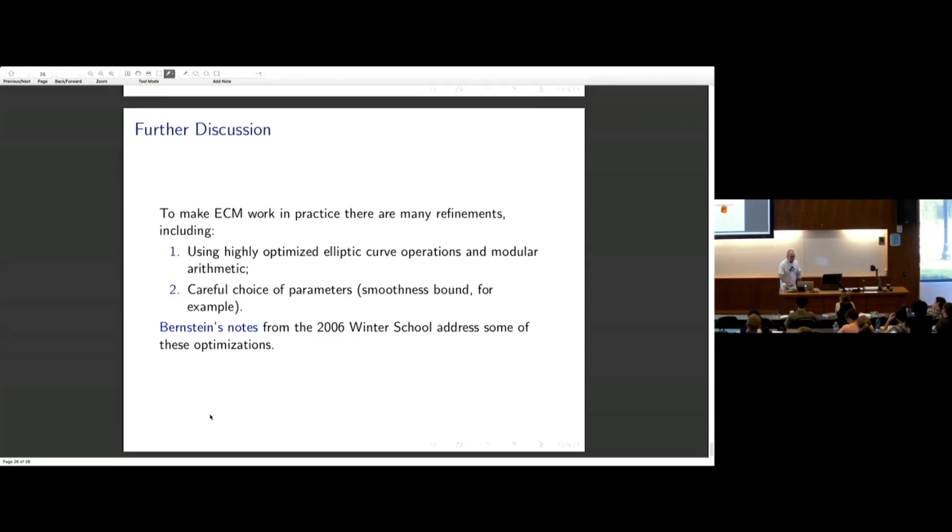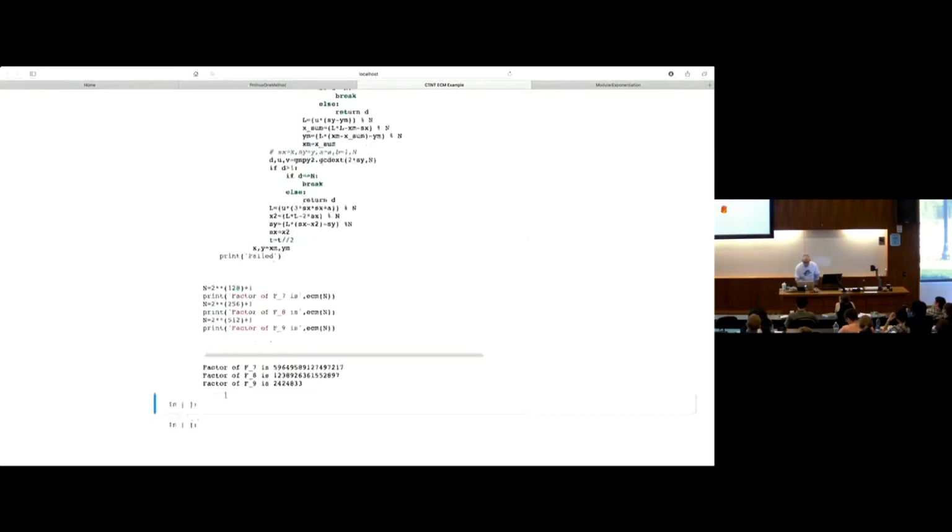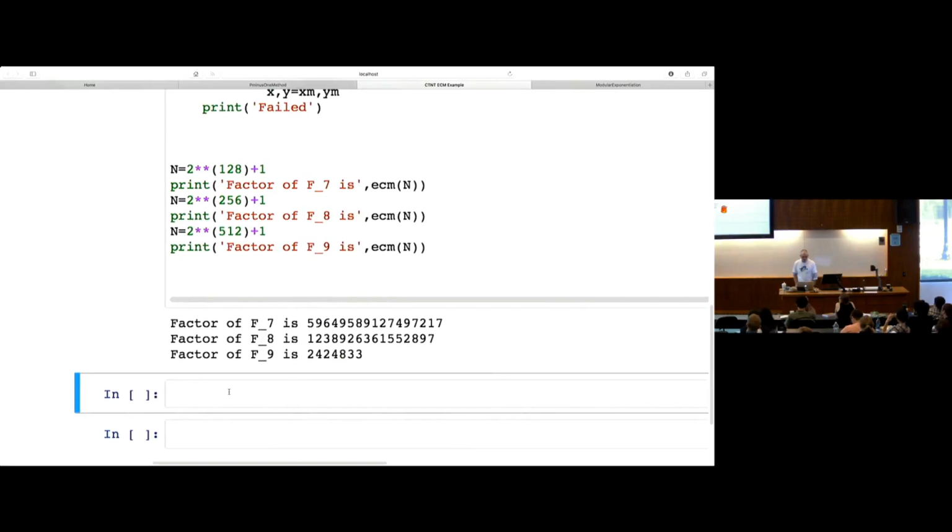If you look back at my little implementation here, F9 is 2 to the 512, or is it 512?